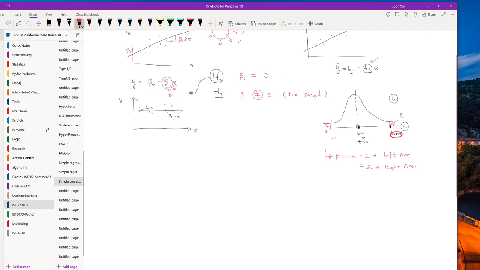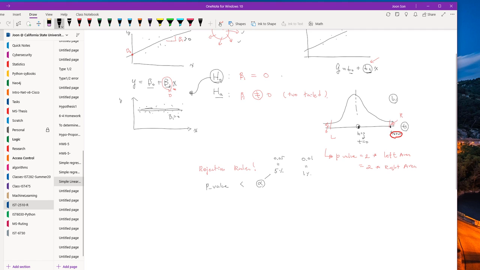The rejection rule is: if the p-value is less than alpha, the level of significance, it could be 5%, meaning 0.05, or your level of significance could be 1%, which means 0.01.